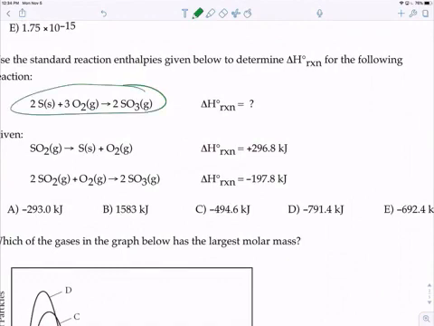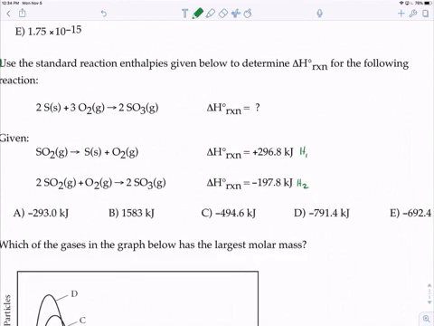I'm going to call these H1 and H2, and we want that reaction. The logic is to start off by putting the reactants on one side and the products on the other. So this reaction here we're going to flip, because sulfur and oxygen are reactants and they're products here. We leave the other one alone because SO3 is a product in both this and the reaction that we want. So you guys understand that logic? Okay. So let's go ahead and flip the first one.